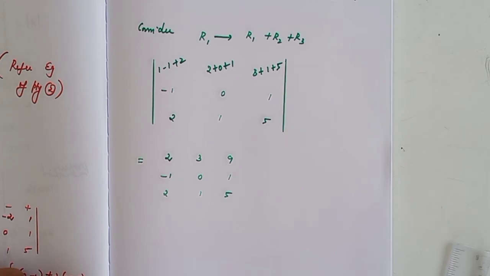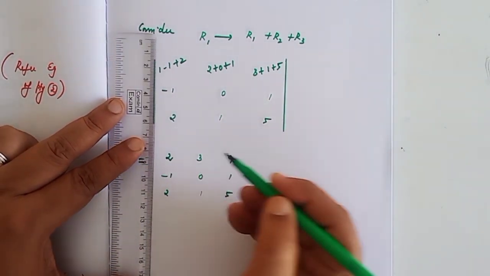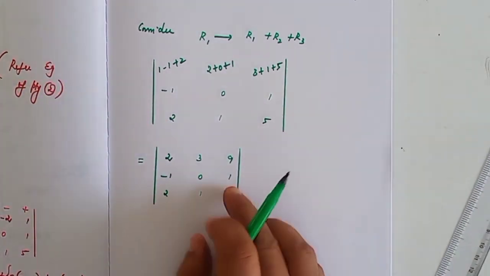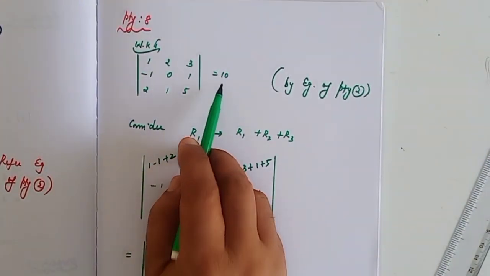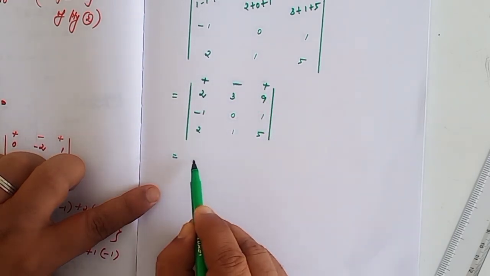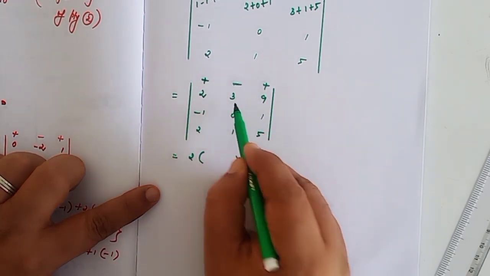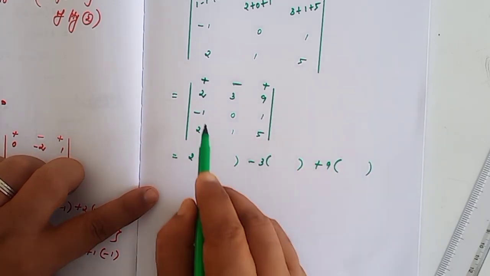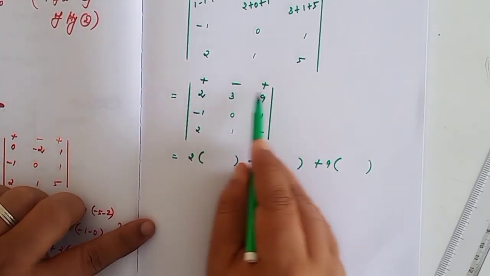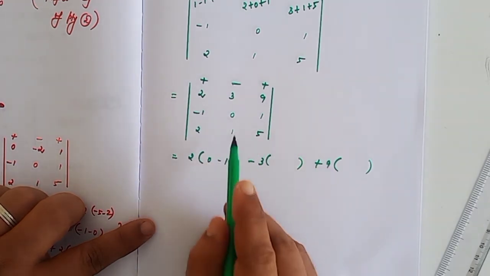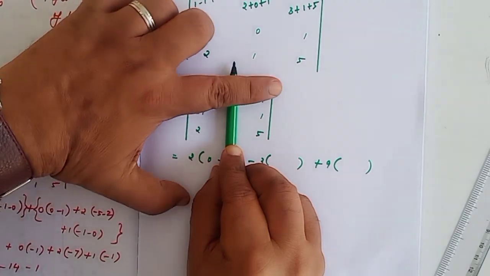Now I am going to expand the determinant. We will be getting the same value 10. We can verify. Plus minus plus, that is equal to 2 into, then minus 3 into, plus 9 into. So leave this column and row, will be getting 0 minus 1, okay, and minus 3, leave the second column and first row.